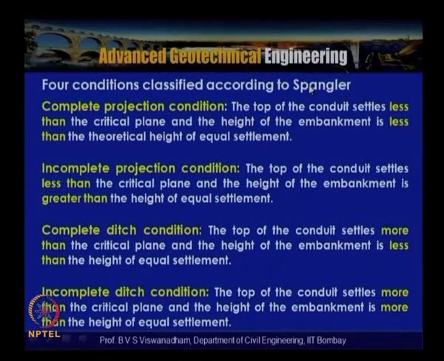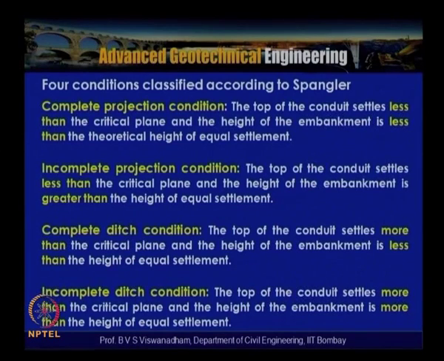Now, we have the 4 conditions classified according to Spangler based on the installation. The complete projection condition is where the top of the conduit settles less than the critical plane and the height of the embankment is less than the theoretical height of equal settlement. Incomplete projection condition, the top of the conduit settles less than the critical plane, that is the rigid pipe, and the height of the embankment is greater than the height of equal settlement.